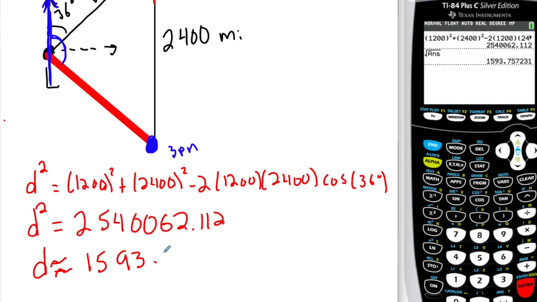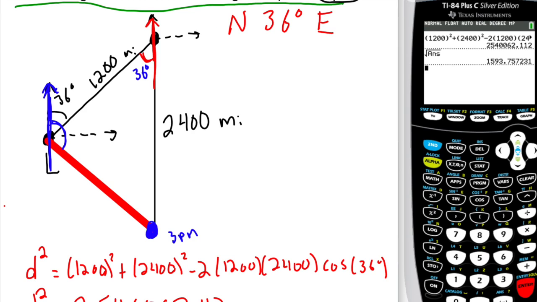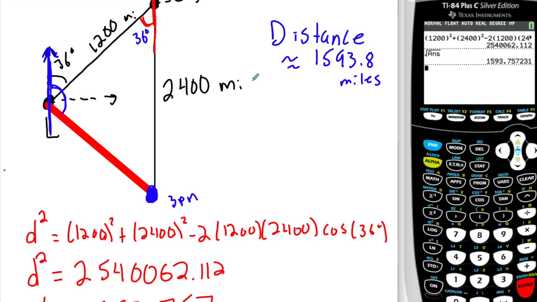I'm going to do 3 decimal places. Now, when I report it, we're going to report it with 1 decimal place. So the final distance is about 1,593.8 miles. But for the purposes of finding that angle, I'm going to use all 3 decimal places.